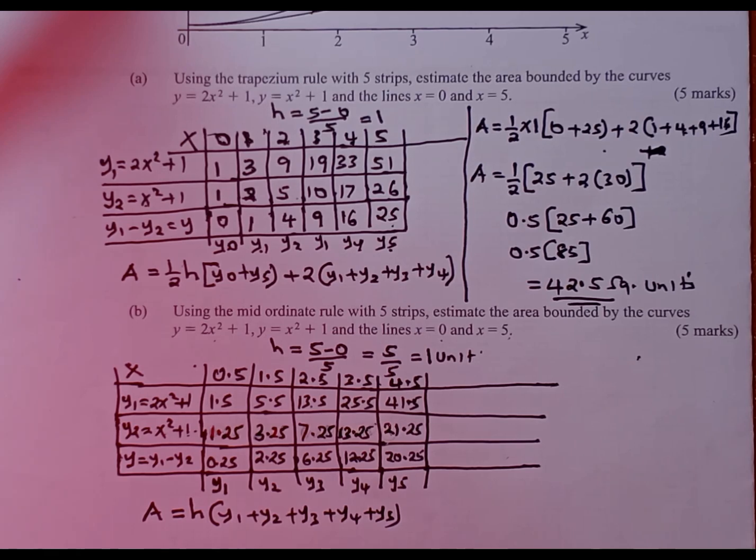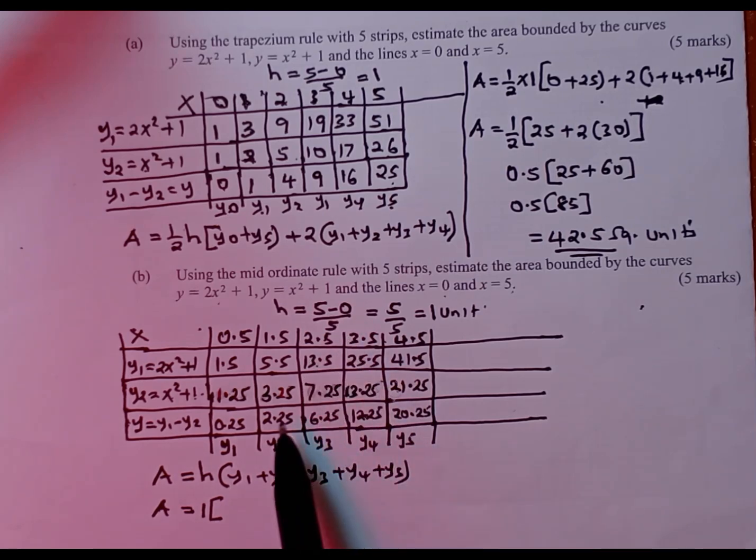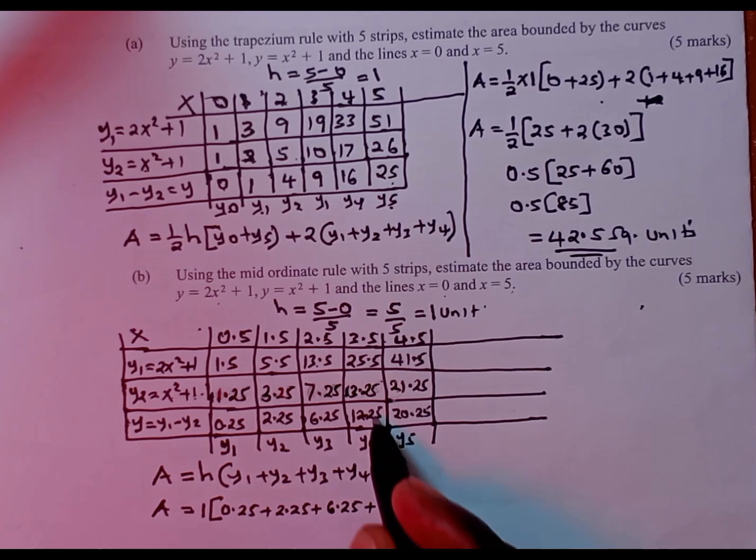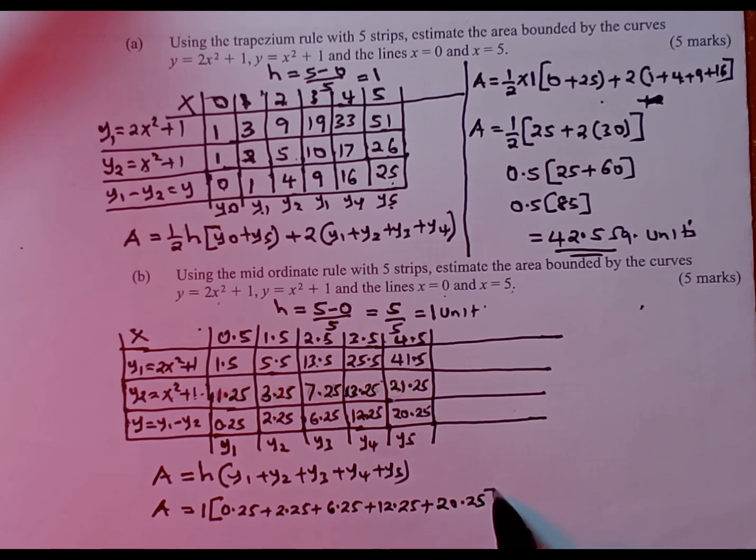Having done that, we are now good to go. Area is going to be given by height. Our height is 1. You multiply by y1, which is 0.25, plus y2 is 2.25, plus y3 is 6.25, plus 12.25, and lastly plus 20.25.